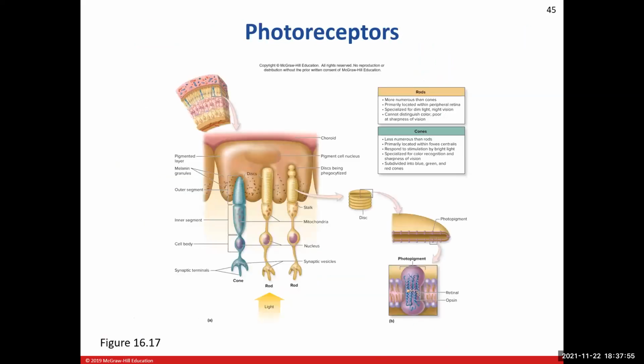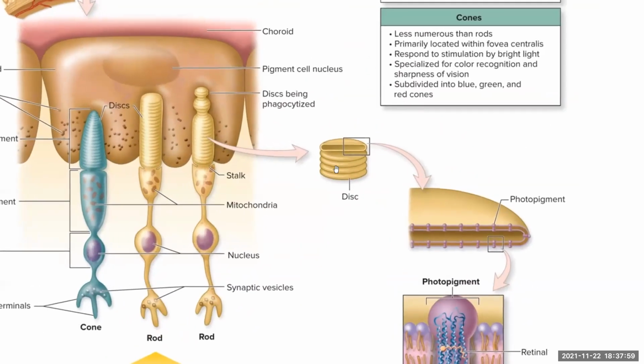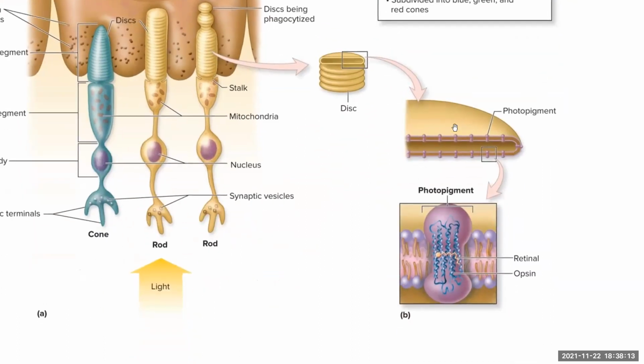So here you can see in our outer layer those discs that I was telling you about that are stacked on. These discs are constantly turning over. The older ones will get phagocytized by the cells in the pigmented layer, and we'll just add on some new discs. If we look close here in the periphery of our disc, we're going to see this structure called the photopigment.